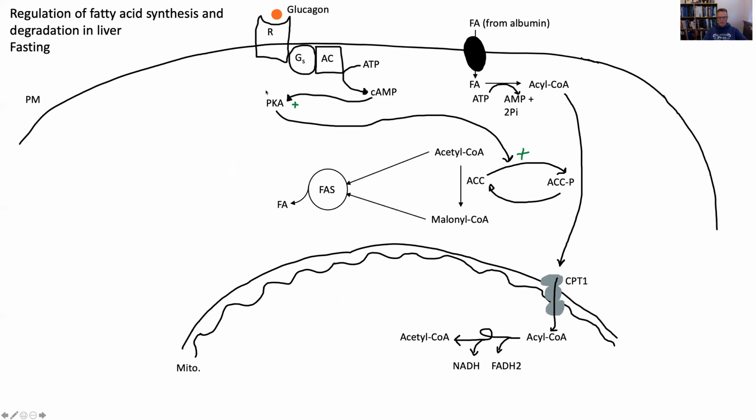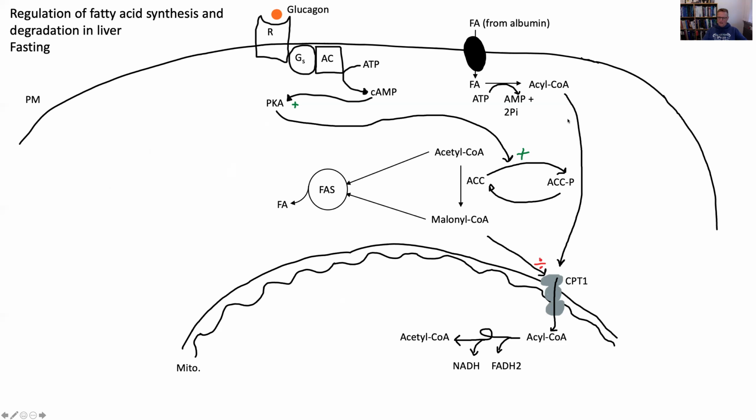That will lead to activation of protein kinase A that will phosphorylate acetyl-CoA carboxylase, which will lead to less production of malonyl-CoA, where we then remove an inhibitor of CPT1 that overall will allow our fatty acids to be degraded.